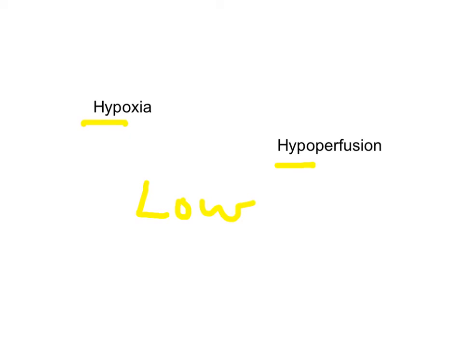What can cause you to be hypoxic? Well, it's the lack of oxygen in the cells. Well, what causes that? Well, it could be the lack of oxygen being brought in to the respiratory system, or it could be that the respiratory system is not able to get that air to the alveoli, to the tiny air sacs where it can mix with the bloodstream. Or it could be that the bloodstream is the problem.